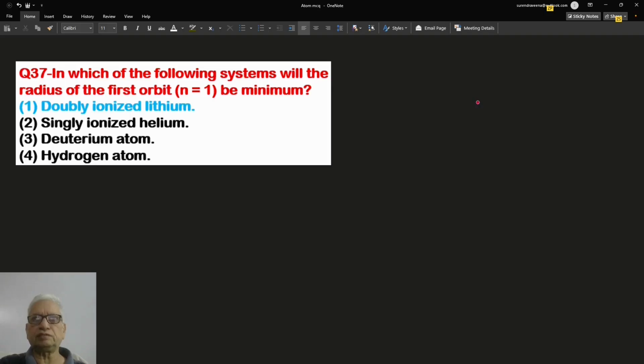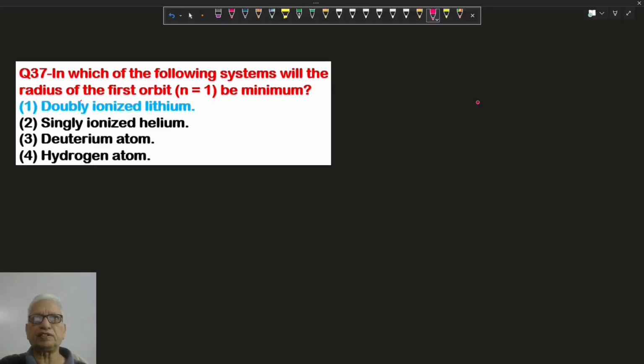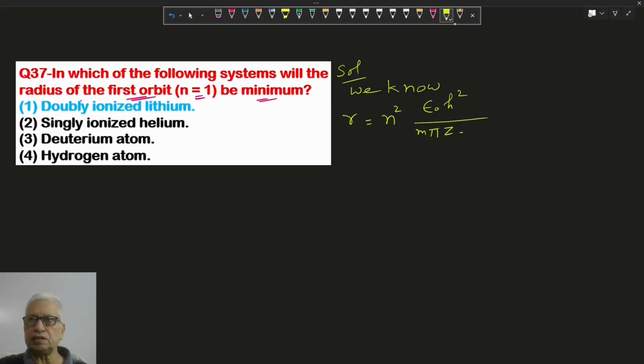In this question, the radius of the first orbit, n is equal to 1. Out of 4 options, let us see which one is correct. Now we know the radius formula r equals n squared epsilon naught h squared upon pi m z e squared.